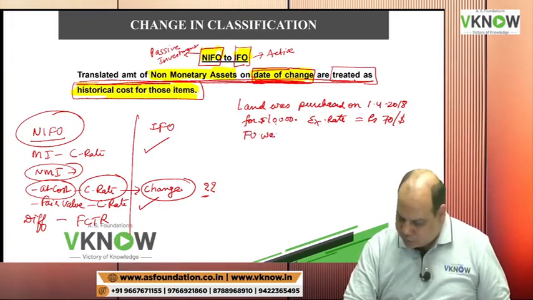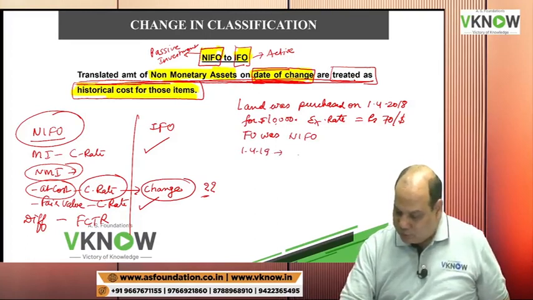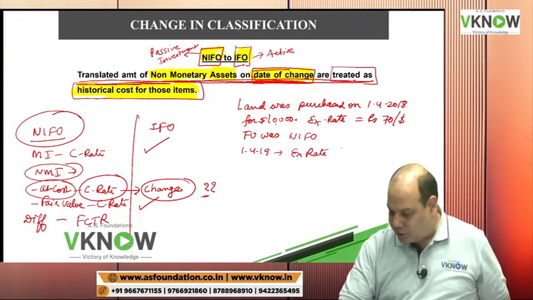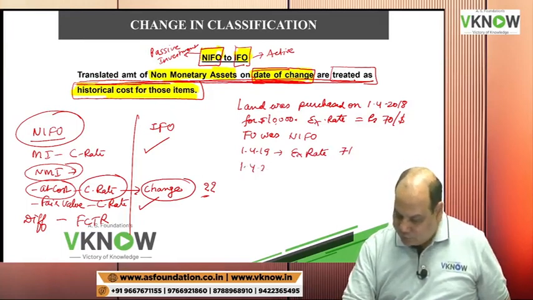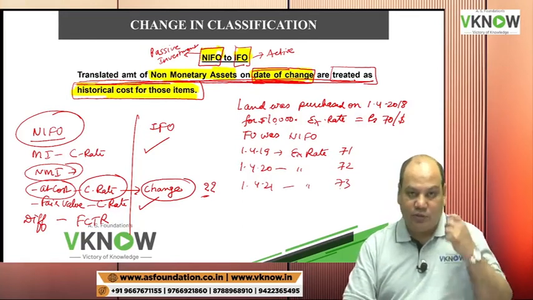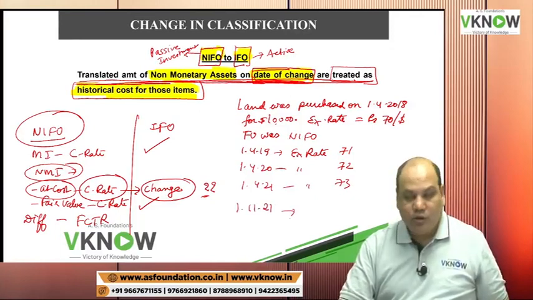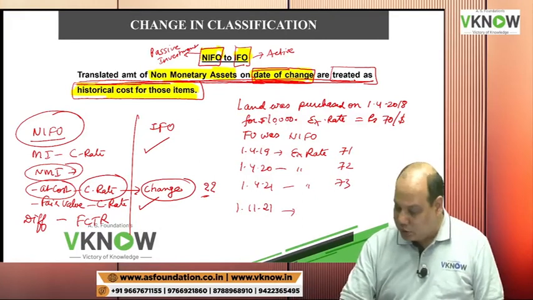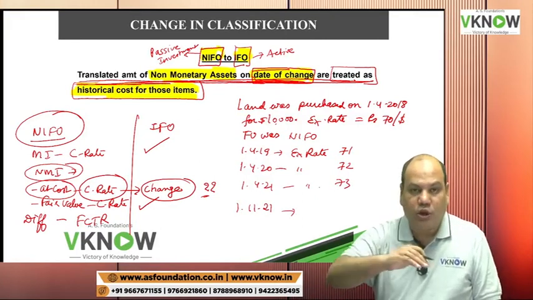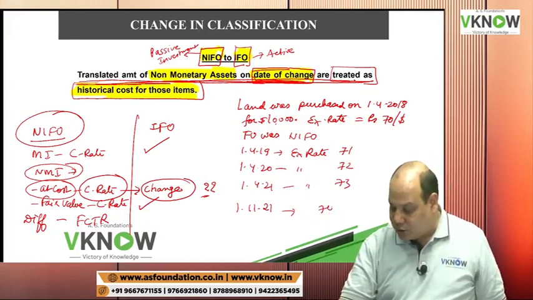The foreign operation was NIFO. On 1/4/19 the exchange rate is 71. On 1/4/20 the exchange rate is 72. On 1/4/21 the exchange rate is 73. Then on 1st November 2021, we decided to convert NIFO into integral foreign operation, and now the rate is 74.